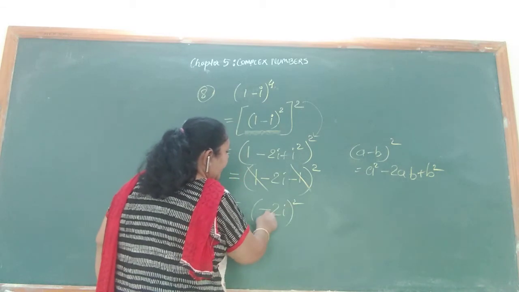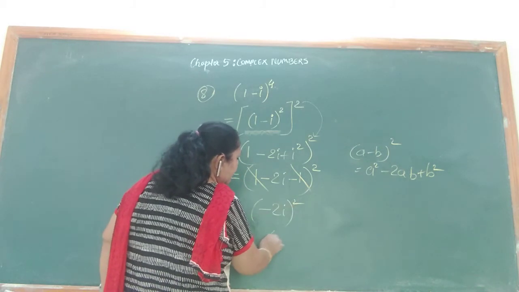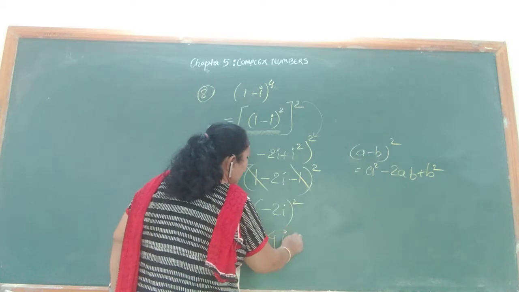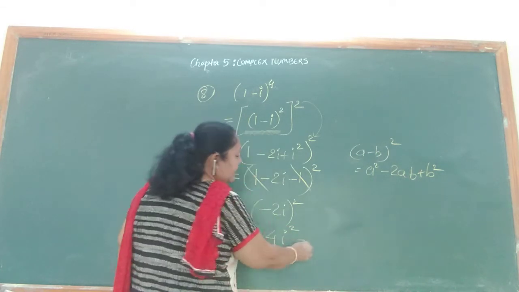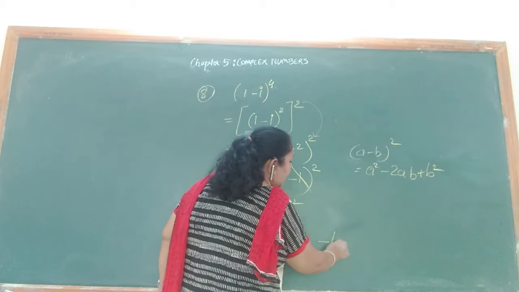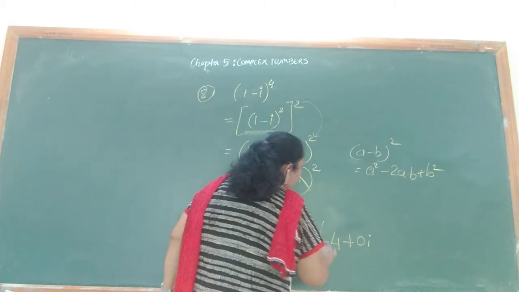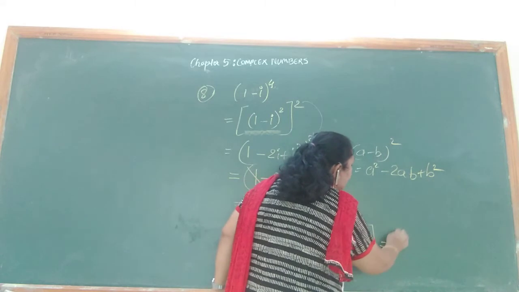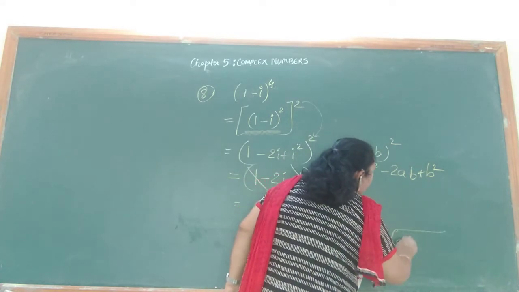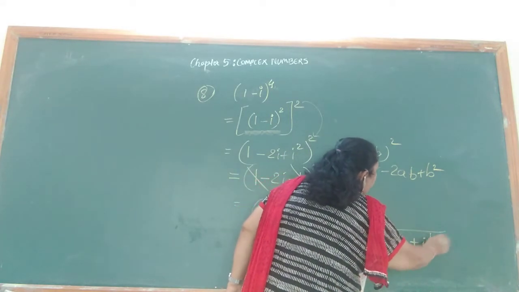And now I square it. Minus into minus is plus, 2 twos are 4, and i square. This i square I know that it is minus 1. So it is minus 4 plus 0i, and I convert it every time into a plus ib form.